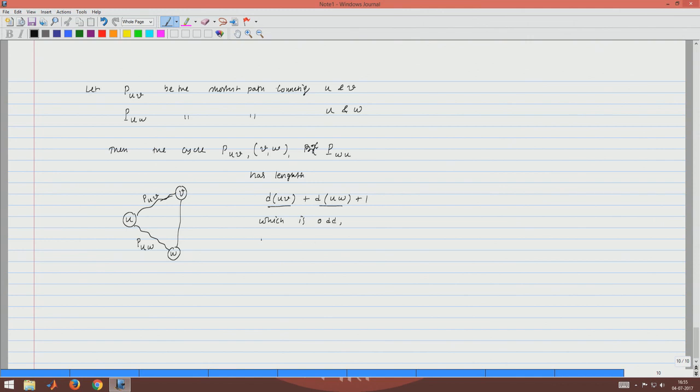So it is a contradiction. This contradicts the fact that there is an edge between V and W, where V and W are both in part A. Hence this is not possible, so the construction technique that we have given is correct. Hence G is bipartite.